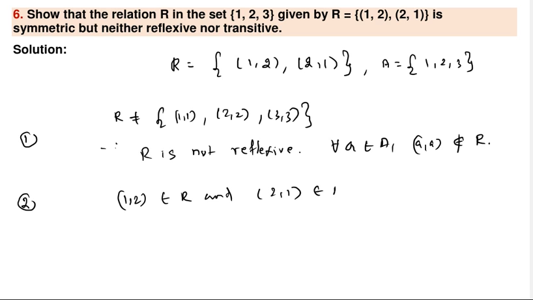Both belong to the same relation. So (1, 2) belongs to R and its reverse (2, 1) also belongs to R. Therefore, for all elements, (a, b) belongs to R and (b, a) also belongs to R, and this implies we can conclude the relation R is symmetric.